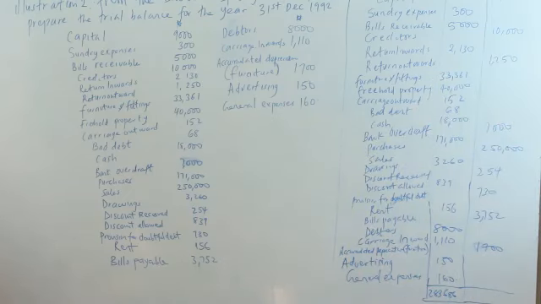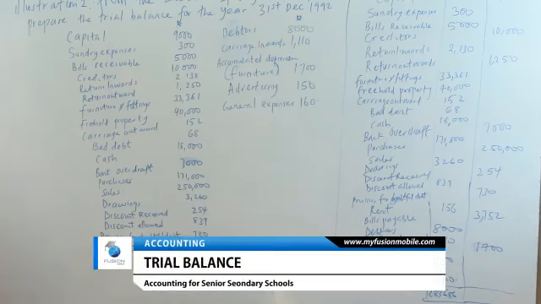So we have 283,786, and on the credit side we have 9,000 plus 10,000 plus 1,250 plus 7,000 plus 250,000 plus 254, 730, 3,752 plus 1,700.